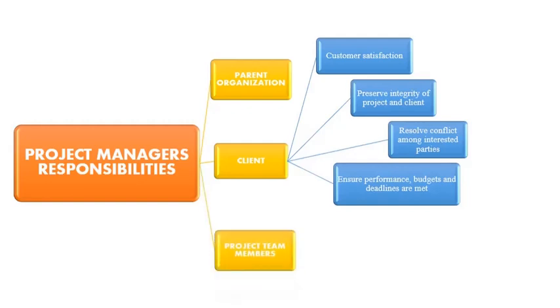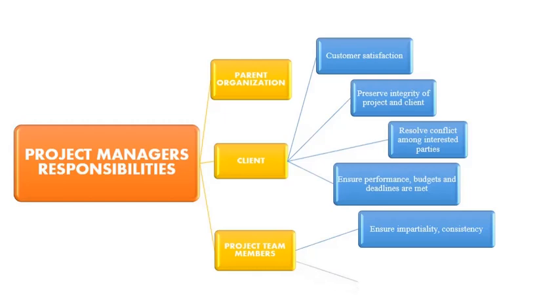And last but not the least, the project manager's responsibilities towards the project team members, that is towards all the members who are working in that particular project. So the first responsibility under that is to ensure impartiality and consistency in behavior while implying rules and guidelines.